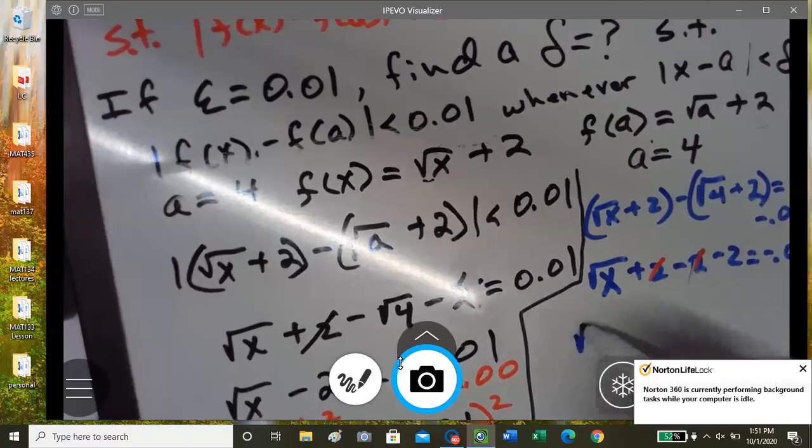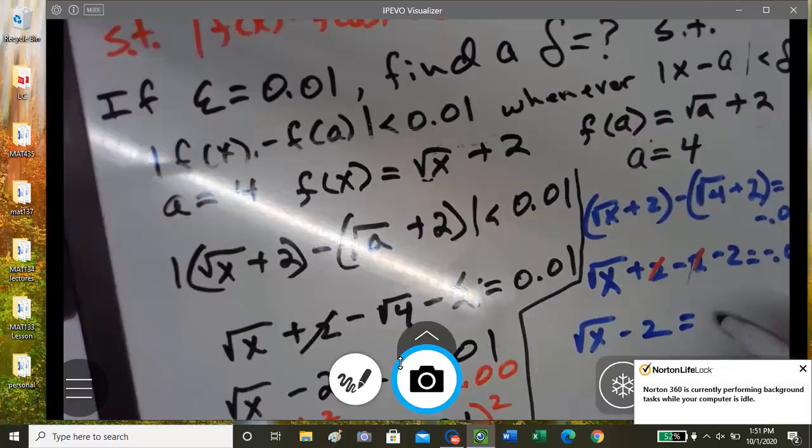We get the square root of x minus 2 equal to negative 0.01. So basically we did the same thing on the right side as we did with the left. The steps are almost identical, except the right side is a negative here, whereas over here it's positive.